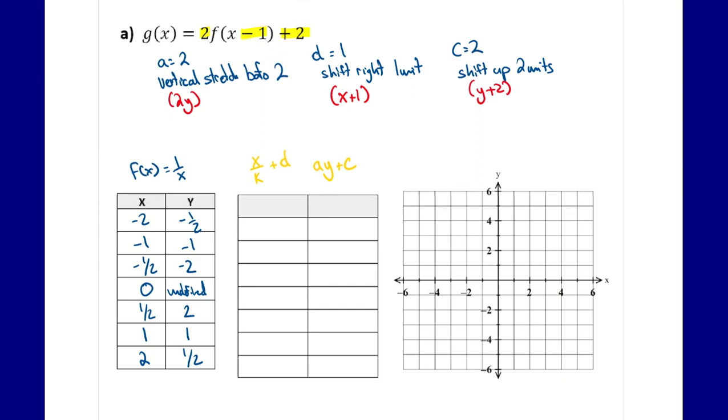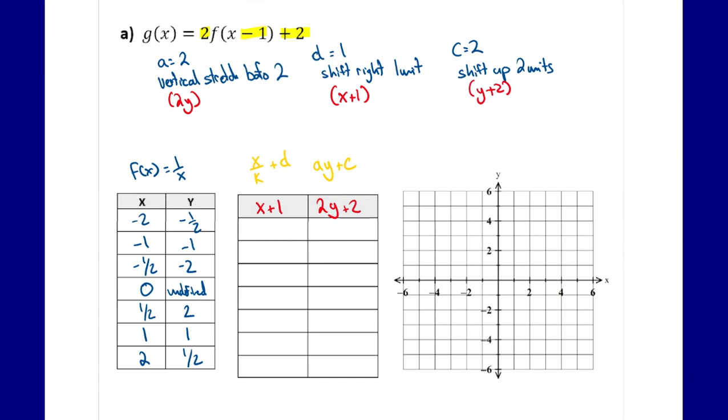I already have the mapping notation laid out in our transformations, but it does help to compare it to make sure I have everything right. My x values, the k value is 1, so x divided by 1 is just x, and I'm adding 1 because of the d value. So x plus 1, and for the y's, it's 2 for the a value, so 2y plus 2 for the c, so that matches what I've had.